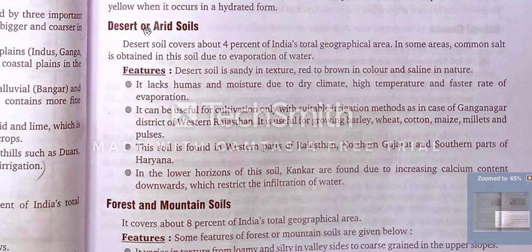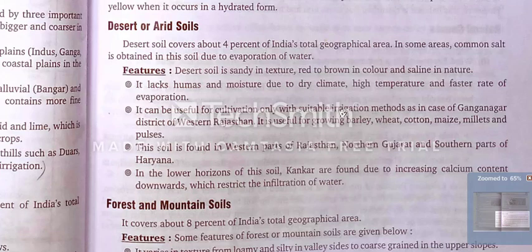Means in desert soil, it's possible to cultivate. We can use it for cultivation. This desert or arid soil, but with suitable irrigation method.